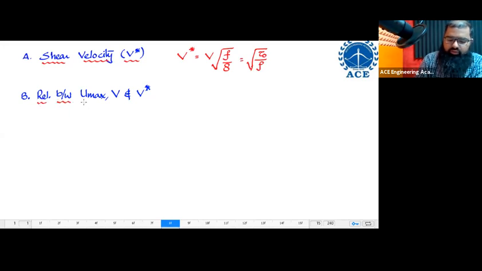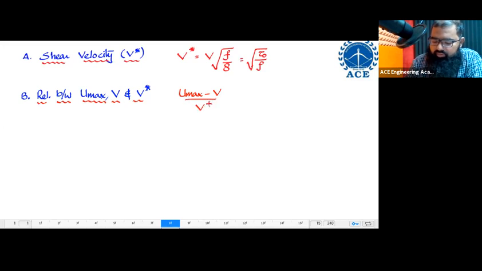I have mentioned what is U maximum and what is V star already. The formula is something like this: U maximum minus V upon V star is equal to 3.75. Okay, these are all empirical formulas. That means there is no derivation for this. You'll just have to remember them as they are. The next formula, these are not exactly empirical, they are semi-empirical.